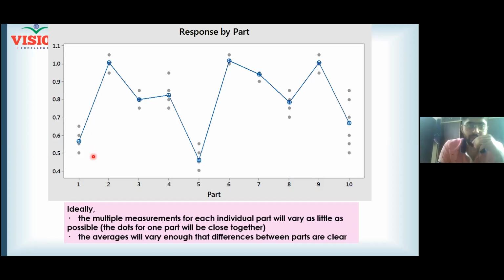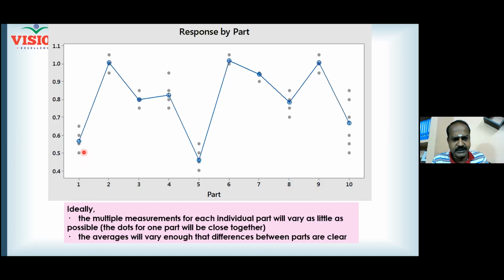Sir, can you please repeat this first point? First point, see, there are 9 readings that came out of part number 1. That means part number 1 is only one single part. All 9 readings ideally should be one and the same. If your measurement system is perfect, 100% reproducibility, then all readings should be one and the same.